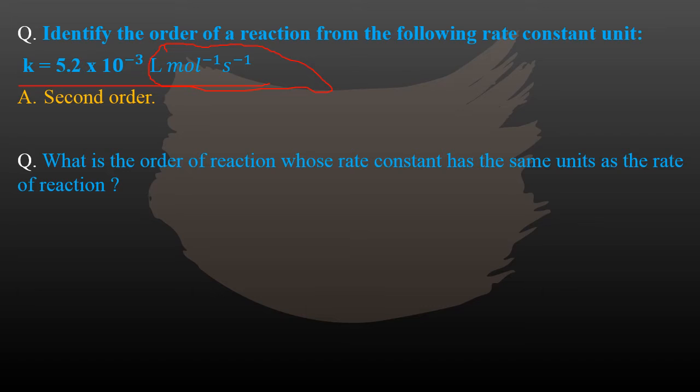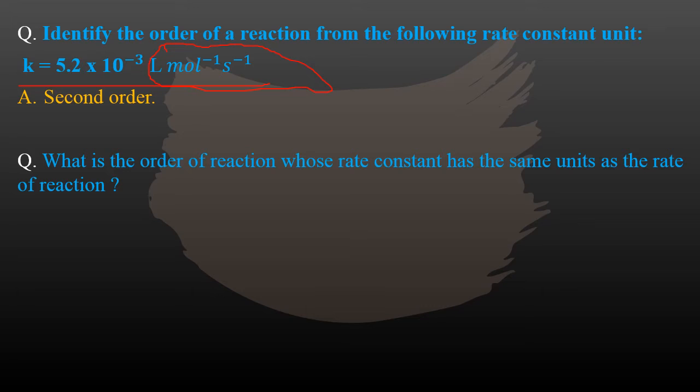Next question, what is the order of reaction whose rate constant has the same units as the rate of a reaction? Question is saying what is the order of that reaction when rate constant has the same unit as that of the rate of a reaction.